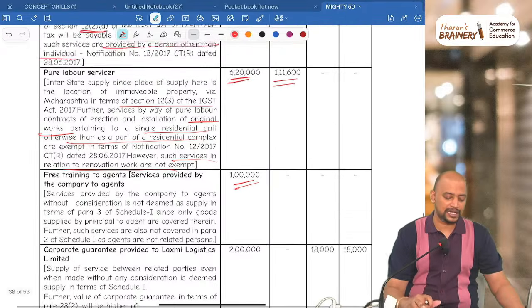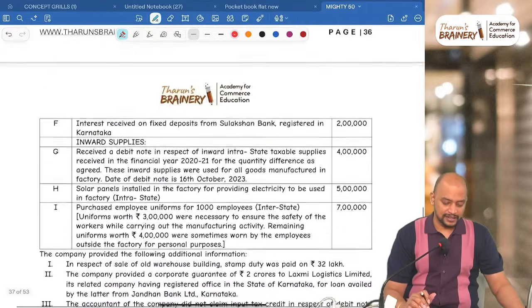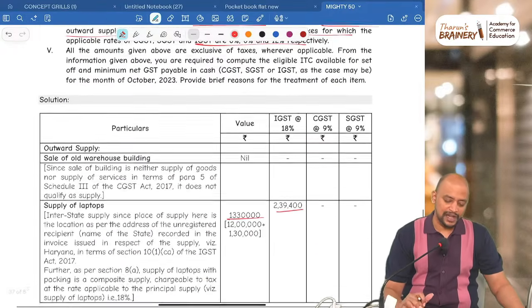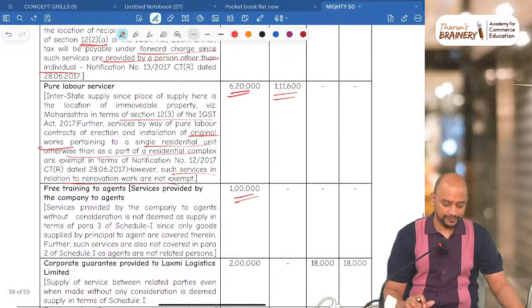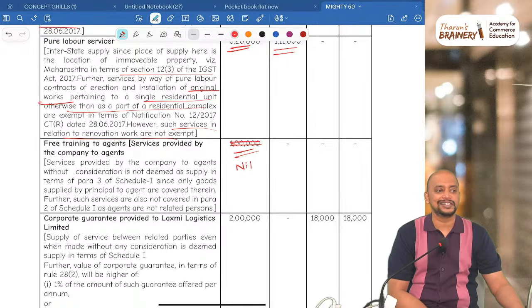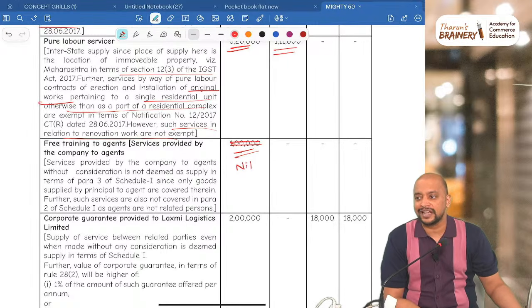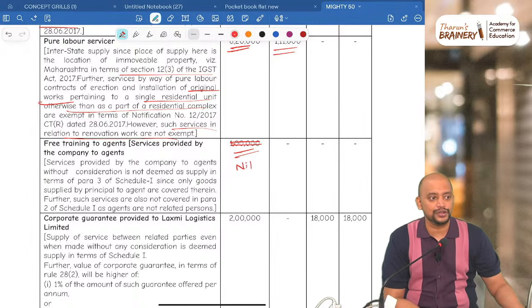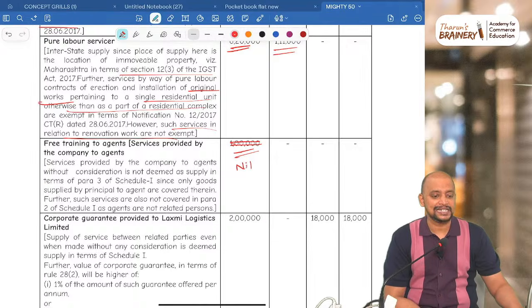Okay, not a supply. Then next, actually in value also you should not include, because it's not a supply. So in the value also you should not include. You should take it as nil. Otherwise it so happens that while counting we will take that also into the turnover. It should be taken as nil.